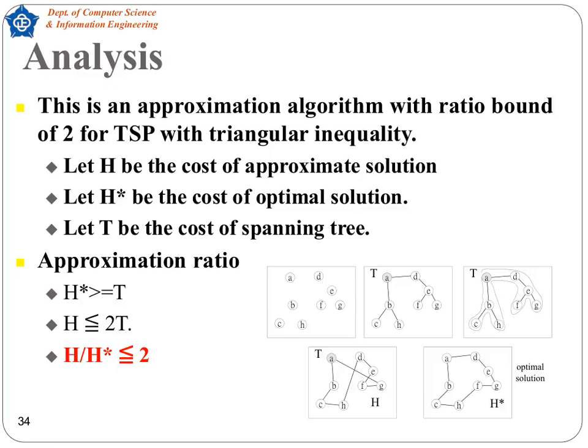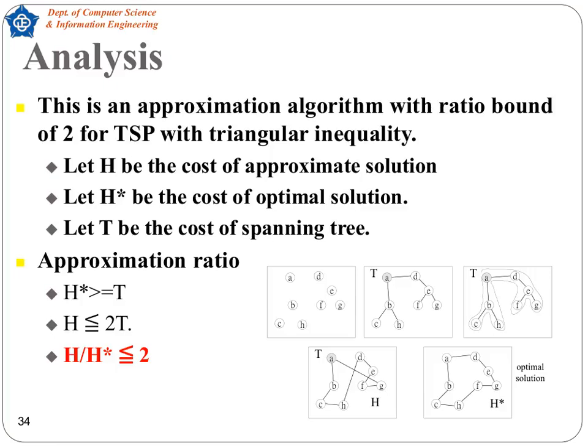Combining these inequalities yields H is less than or equal to 2T is less than or equal to 2 OPT, or equivalently H over OPT is less than or equal to 2.